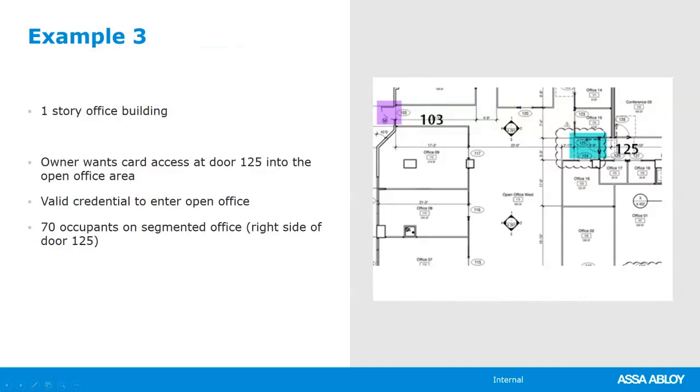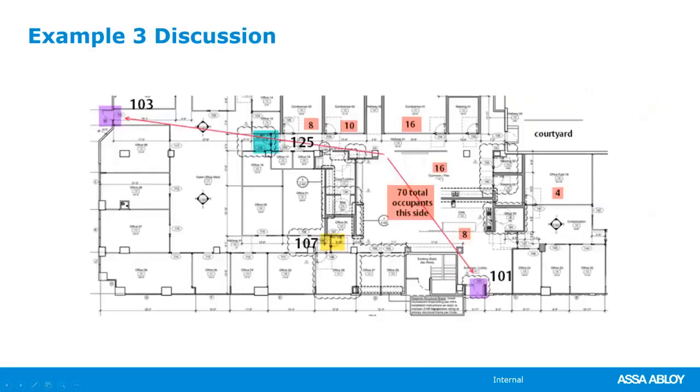And there's 70 occupants on this side. Let's take a look at the full floor plan. I've got 70 total occupants on this side. And from any building or space, it's a one-story office building. Anytime you have from 1 to 500 people, you need a minimum of 2 exits from the building.